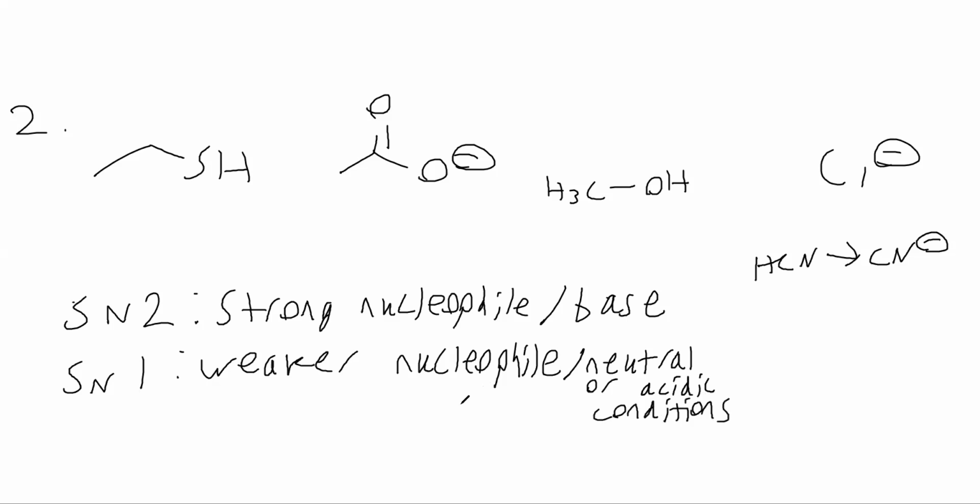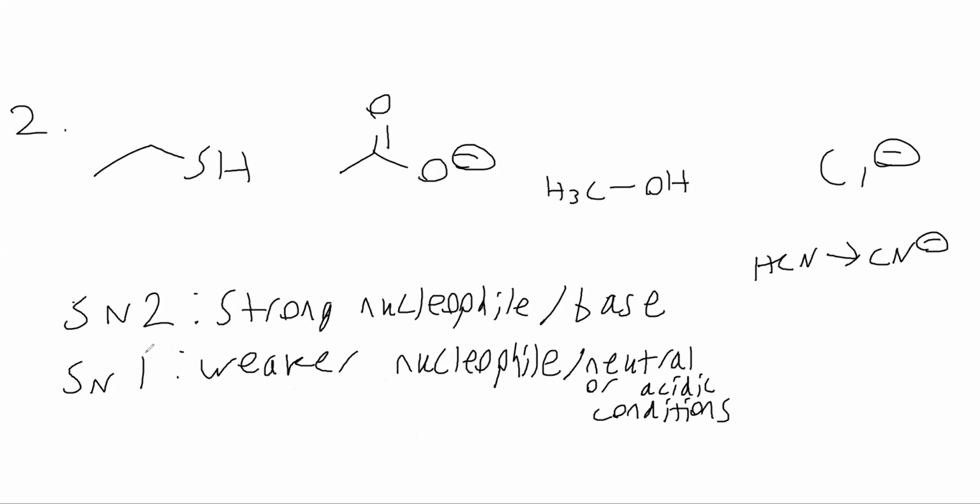You're getting close to the point where you're going to discuss this in lecture, so I'll just explain now the reason you want to use weaker nucleophiles or acidic conditions to do an SN1 mechanism. If you have a tertiary leaving group and you used a strong nucleophile, you can't do SN2 because you can't do a backside attack.